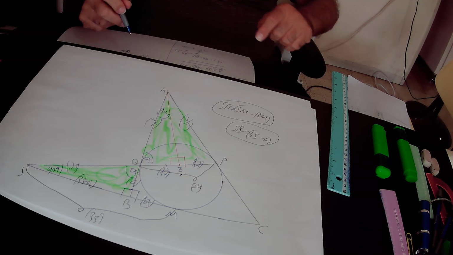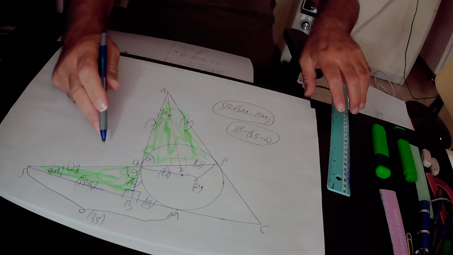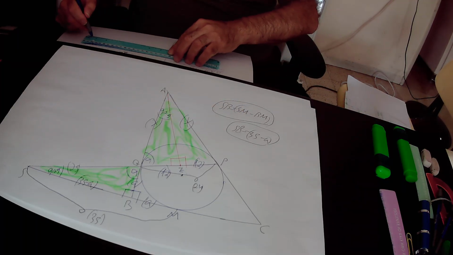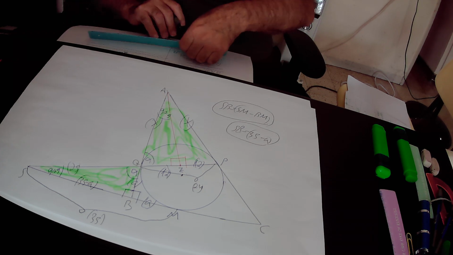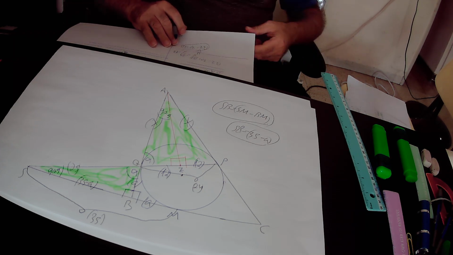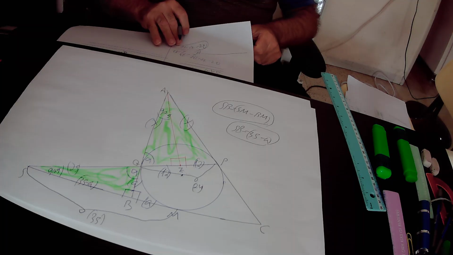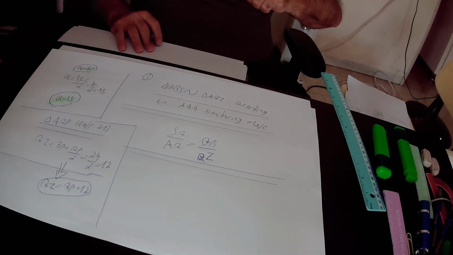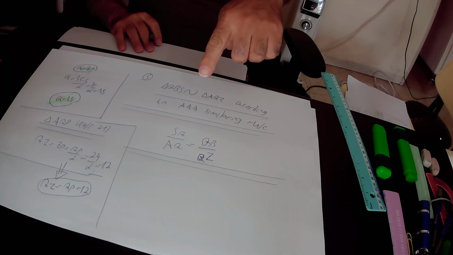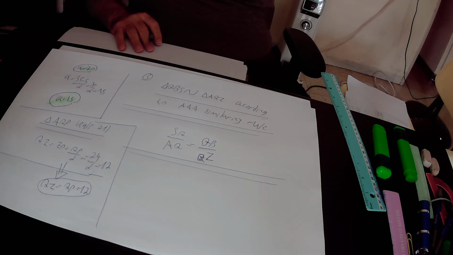Again, from the fact that those two right triangles are similar to each other, we derive that the following relationship exists between their sides. Side SQ of the small triangle SQB over side AQ of the big triangle AQZ is equal to side QB of the small triangle SQB over QZ of the big triangle AQZ.